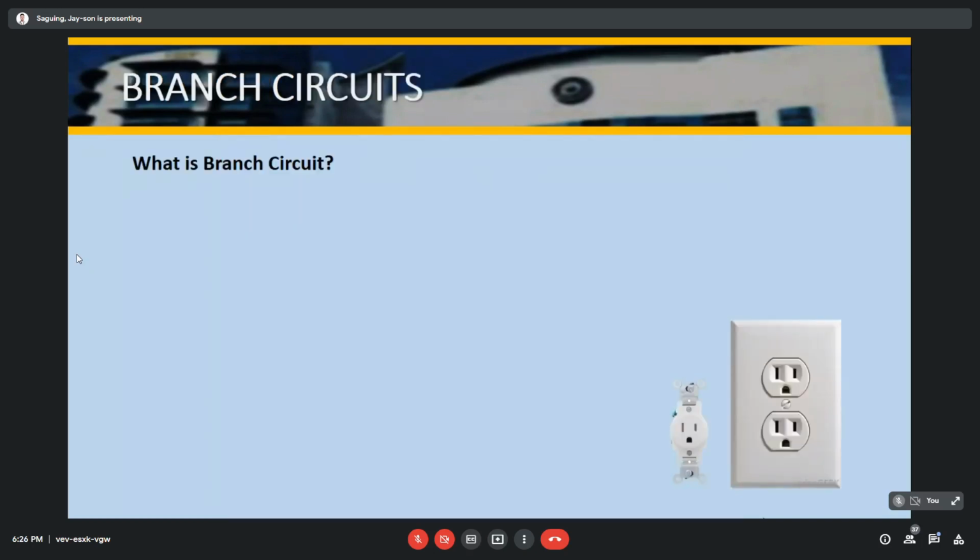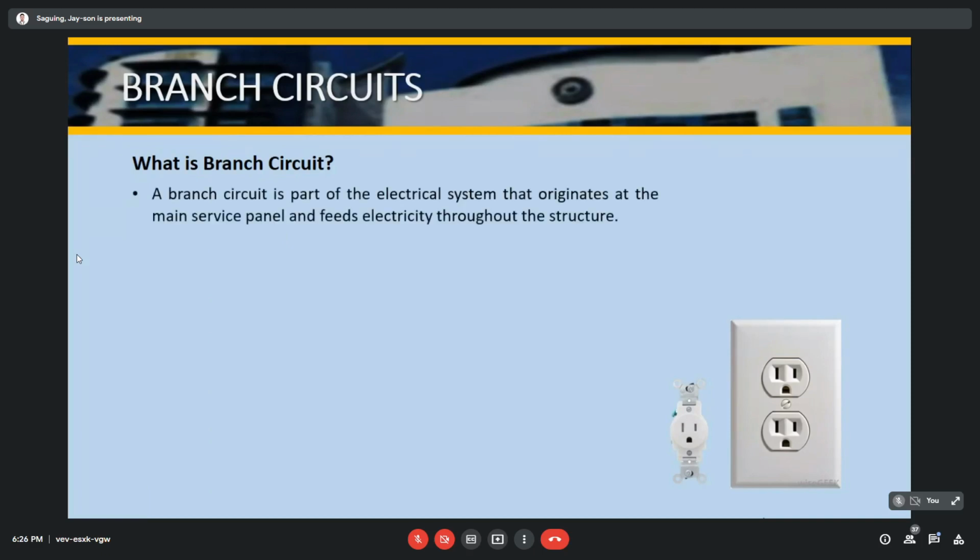Now, what is a branch circuit? A branch circuit is part of the electrical system that originates at the main service panel and feeds electricity throughout the structure. There are 120-volt branch circuits that supply power to standard outlets and fixtures, along with 240-volt circuits that power major appliances.